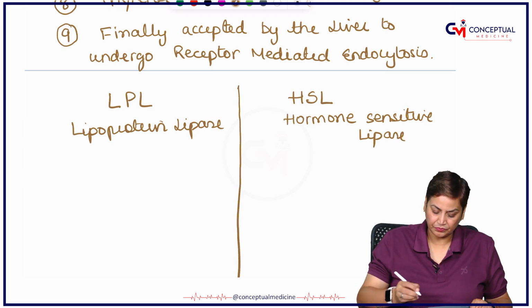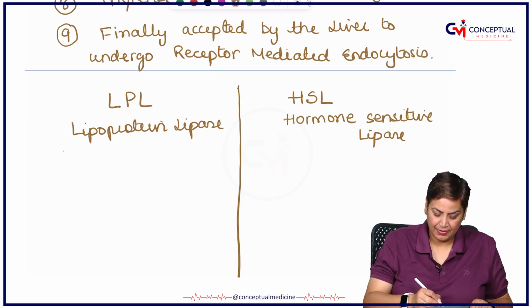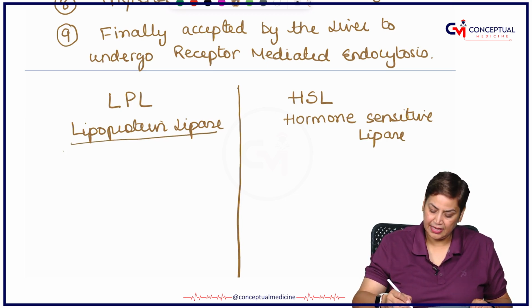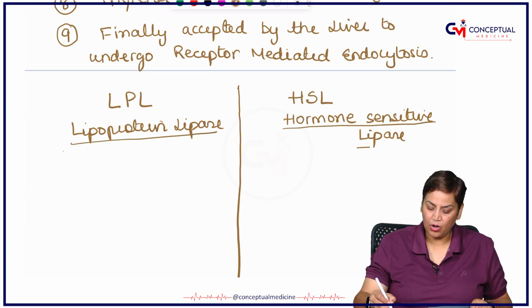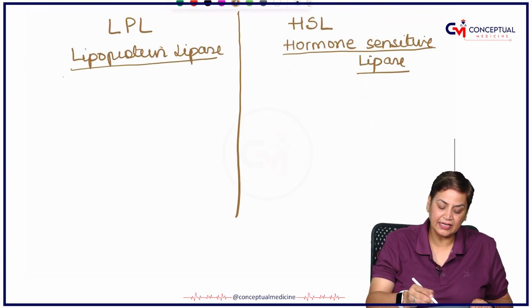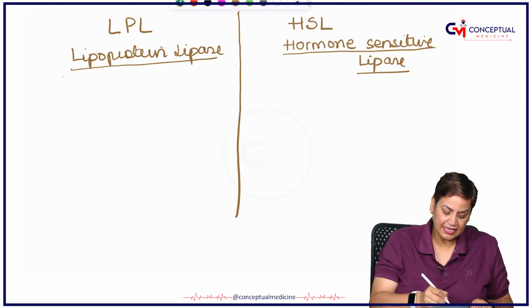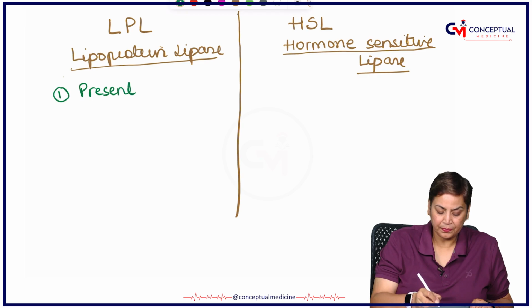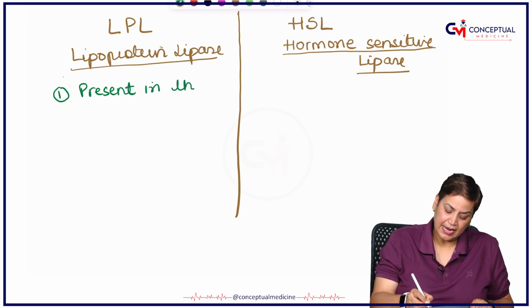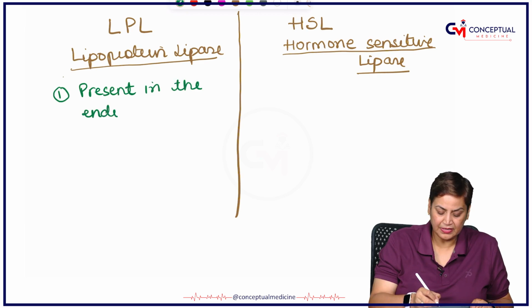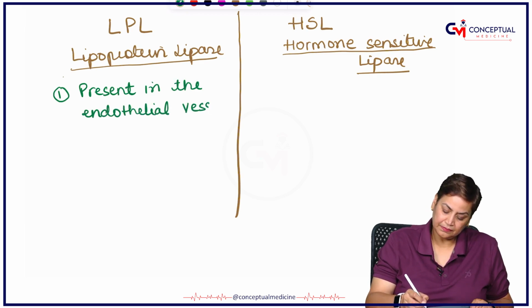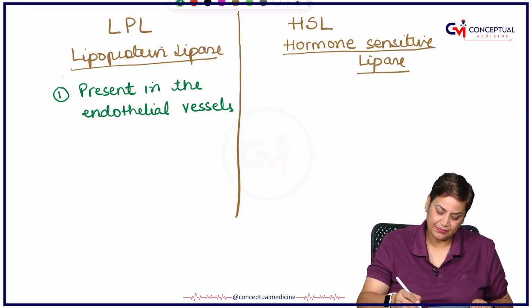Right. LPL and HSL. Now, what is the basic difference between the activity of these two enzymes? First is it is present in the endothelial vessels. HSL is present inside the adipose tissue.